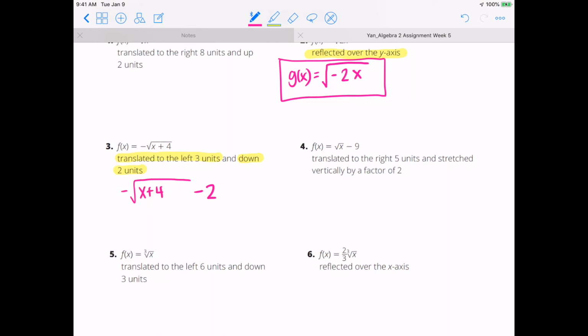Let me change this color to something new. To translate left 3 units, we are adding, because we're doing the opposite, 3 to it. So your final answer here would be negative square root of x plus 7 minus 2. That's your answer.